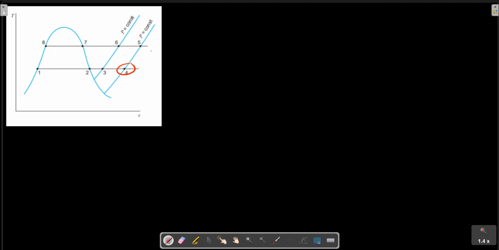Pressure P4 is sufficiently low that the real superheated vapor behaves essentially as an ideal gas, for example 1 kilopascal at point 4.